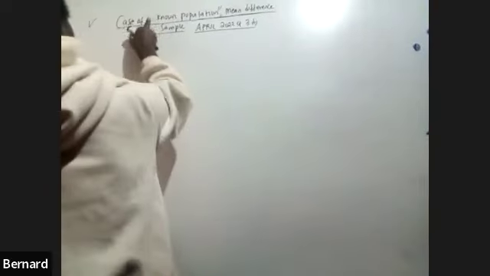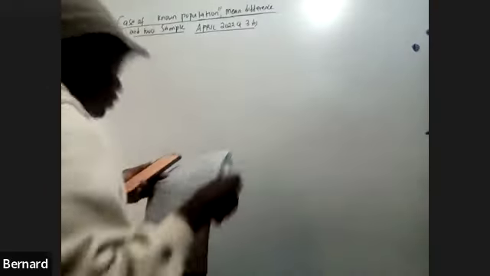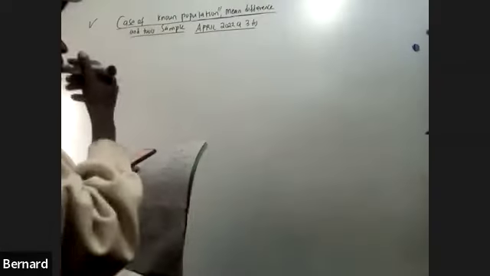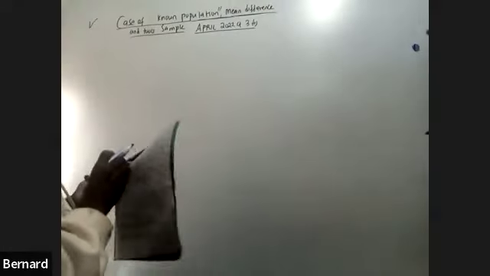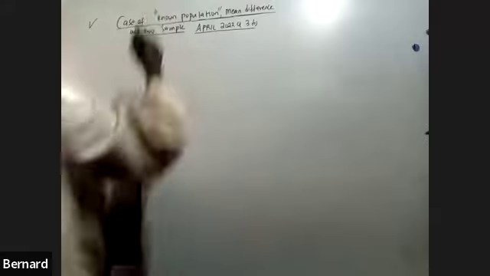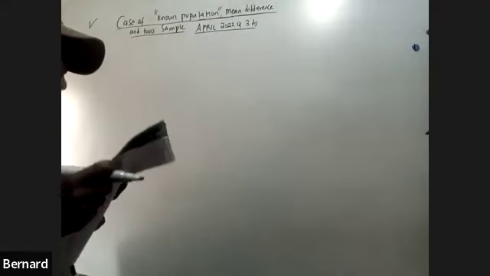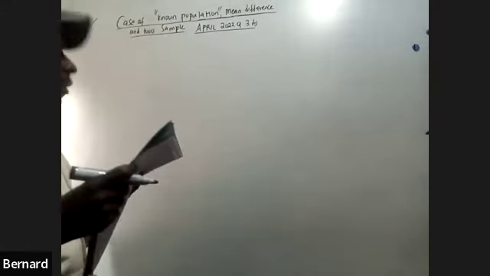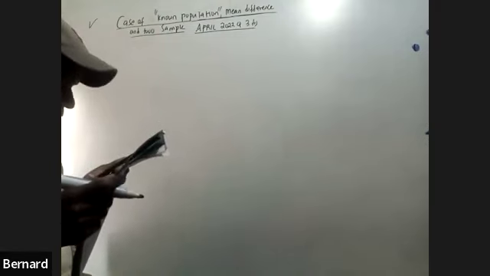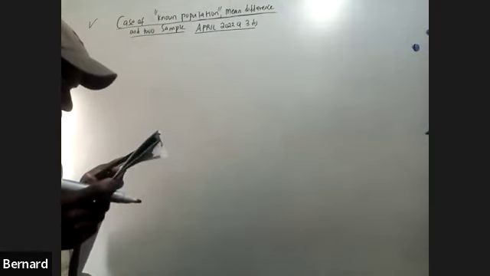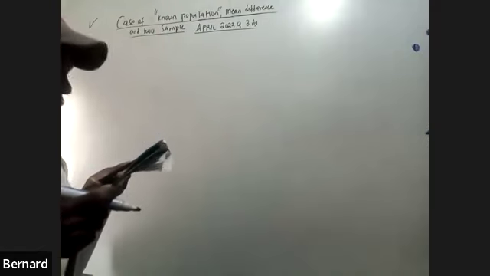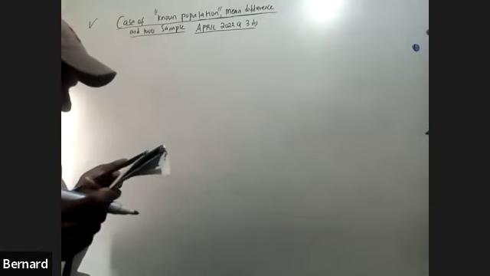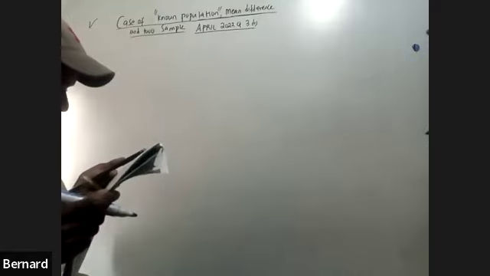The reason why I say known population, this case is for known population with a difference between the mean, kwa sababu we have the mean for the population, we have the standard deviation for the population for the two.